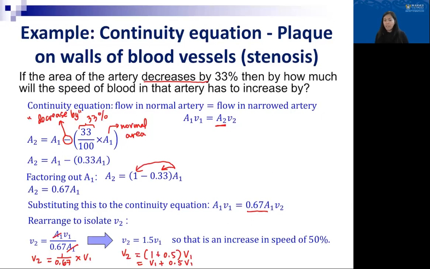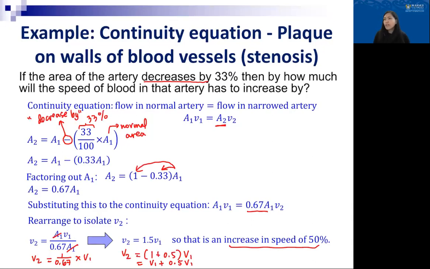So the new speed is the original speed plus half of the original speed, and that's why the new speed increases by 50%. Right? Okay. Does that make sense? Are we happy with the solution for V2?